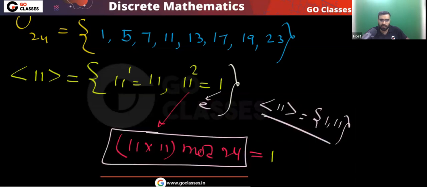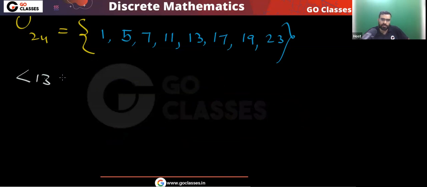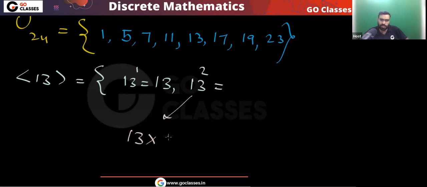What about the next one? What about 13? What can 13 generate? 13 power 1 is 13. What is 13 power 2? 13 power 2 means 13 multiplied by 13 mod 24. What is this value?